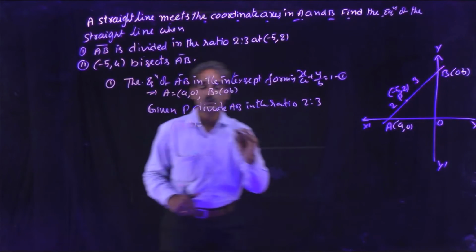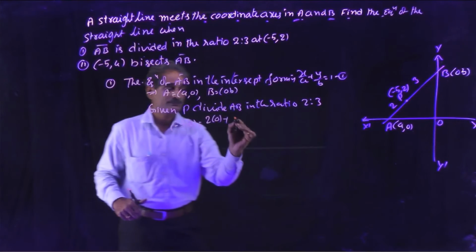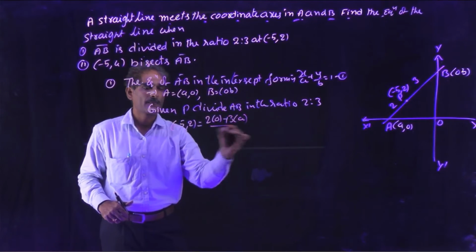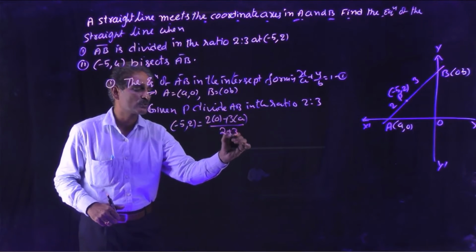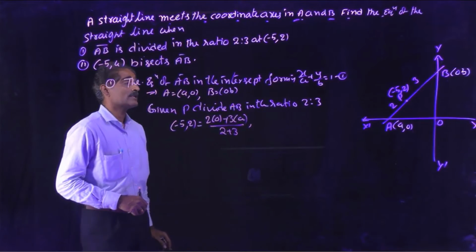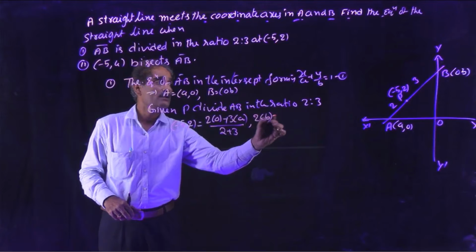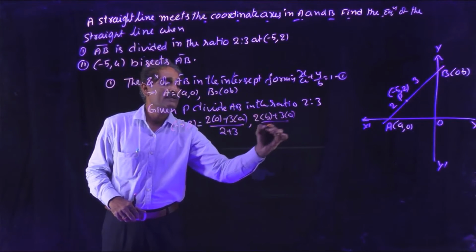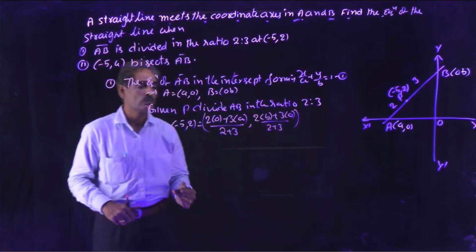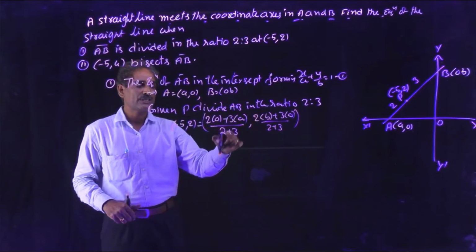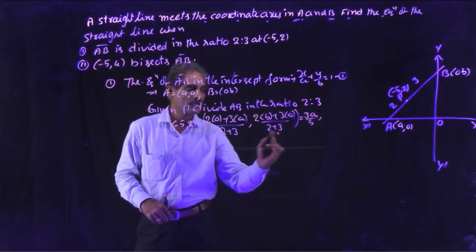The x-coordinate is (m1x2 + m2x1)/(m+n), that is (2 into 0 + 3 into a) by the sum of the ratio, 2 + 3. Next, the y-coordinate is (2 into b + 3 into 0)/(2 + 3). So this is equal to (3a/5, 2b/5).